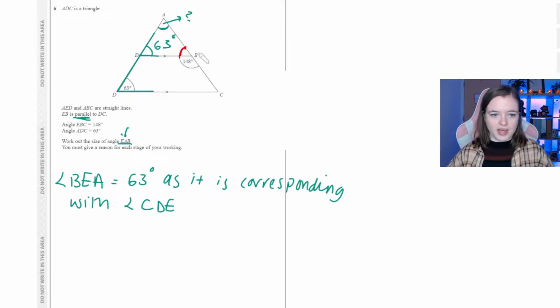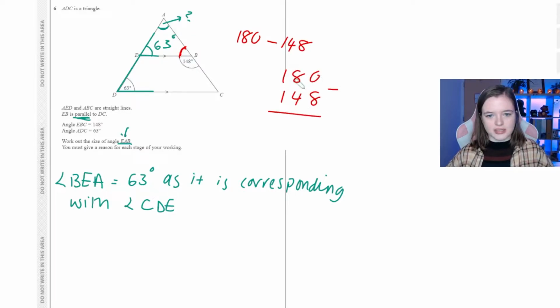So what I can do is 180 minus 148 to figure out what this angle is. So let's do that. 180 take away 148. 0, take 8, can't do, that's a 7, make that 1. 10 take 8 is 2. 7 take 4 is 3. And then 1 take 1 is nada. So we've got 32 degrees there.